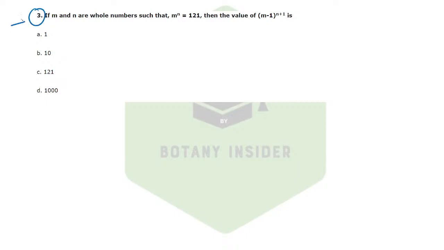This was a similar question which was asked in the recent paper of the CSIR and also in the DBT. The question is, m raised to power n is equal to 121. They're asking you what is m minus n to the power n plus 1.